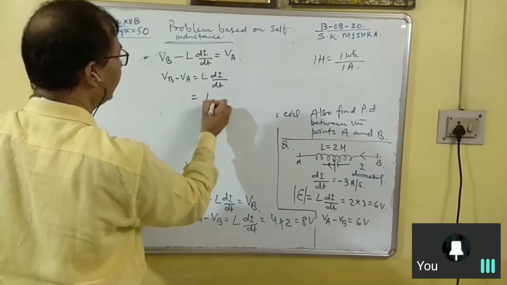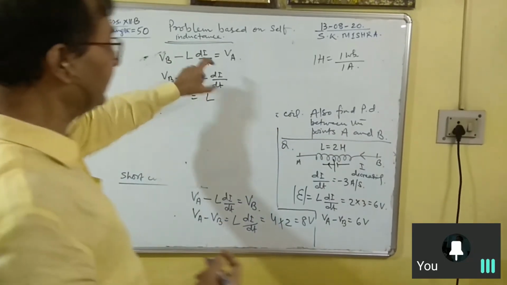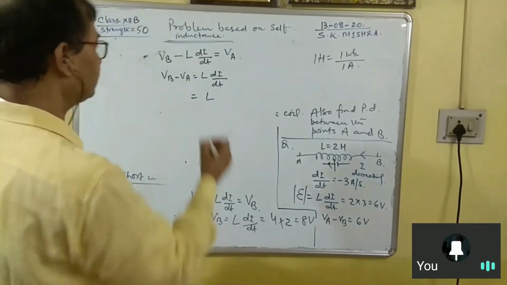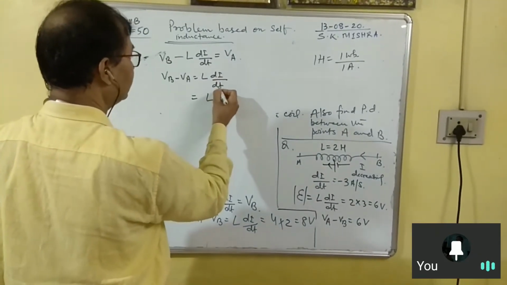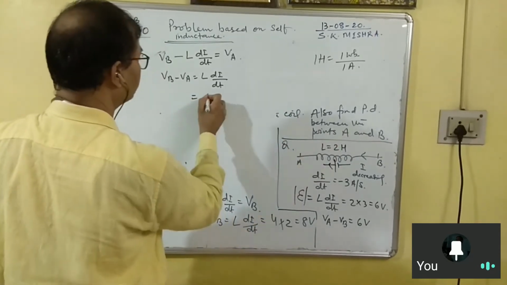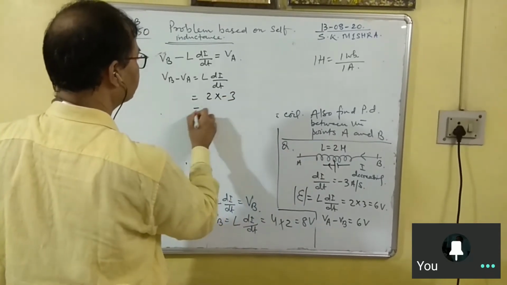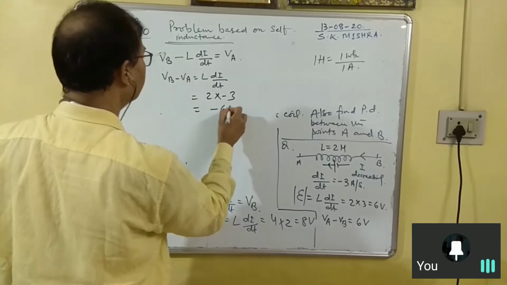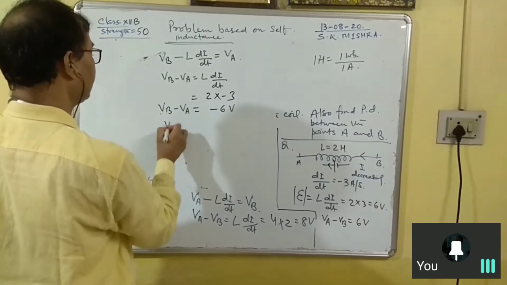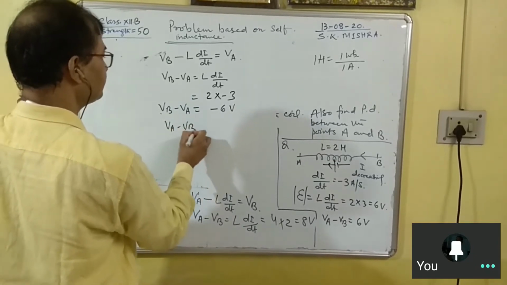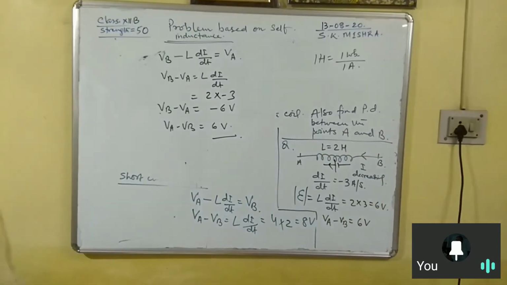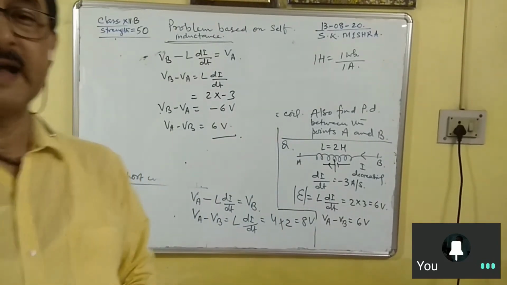Then you have to take the sign of di by dt. Since di by dt is negative, you have to consider di by dt as minus 3. So L, which is given to you, 2 into minus 3. So it's how much? Minus 6 volt. So this is VB minus VA. Now tell me what is VA minus VB? That will be plus 6 volt. The potential difference will be plus 6 volt.